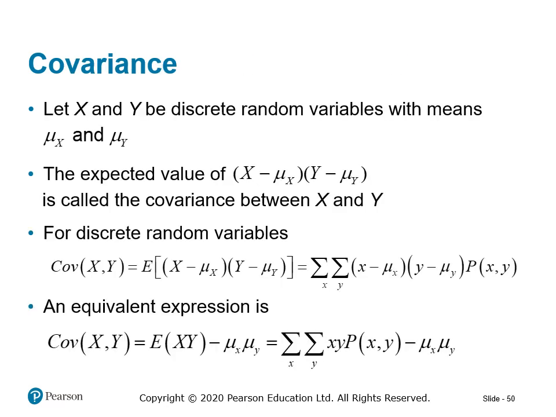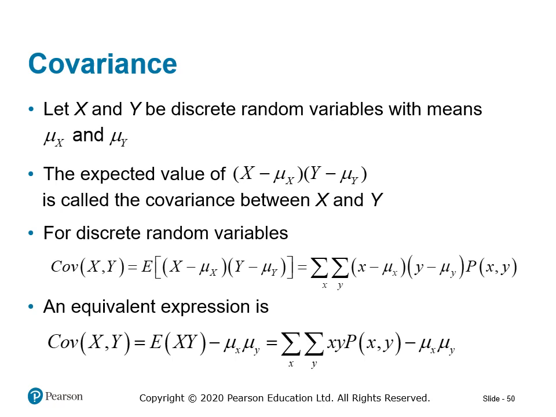Okay, so next we can talk about covariance. We talked about covariance in chapter 2, but here we do it in terms of probability distributions. I'm going to let x and y be discrete random variables with mean mu x and mu y. The expected value of x minus mu x times y minus mu y is called the covariance between x and y.